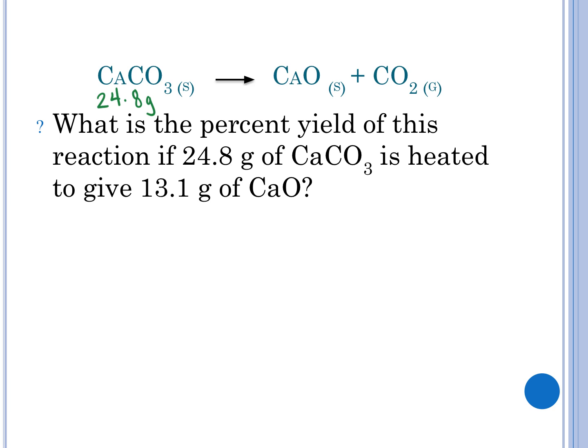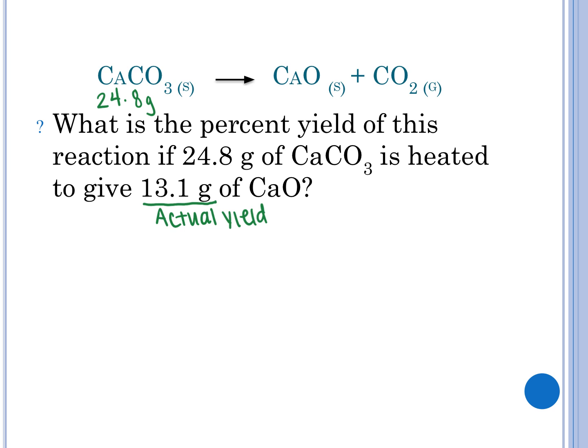Then if you actually do this experiment and heat it up, how much calcium oxide do you get? You get this 13.1 grams. This is the actual yield. We're going to come back to that number in a little bit, so we're going to ignore 13.1 for now.